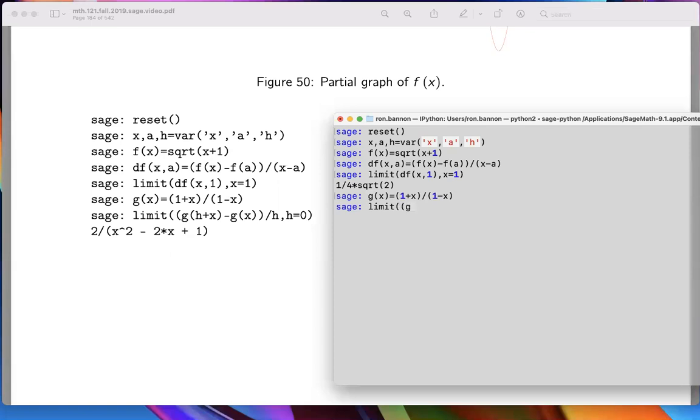G of H plus X minus G of X. That's the top. We'll divide it by H. And we want H to go towards 0. And I get it. It's 1 over 2x squared minus 2x plus 1.